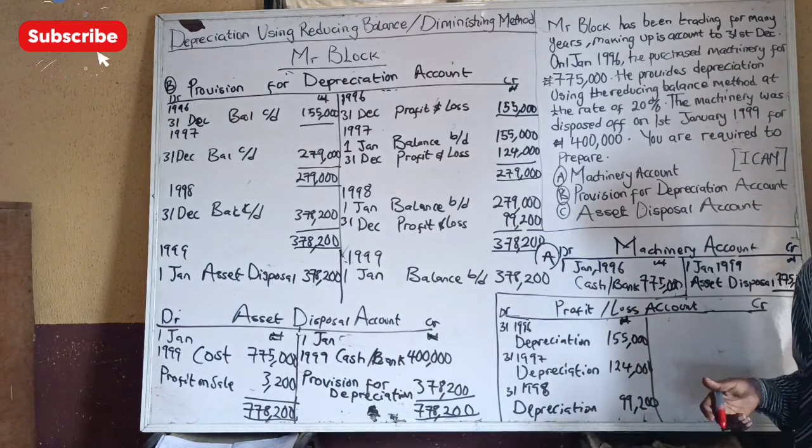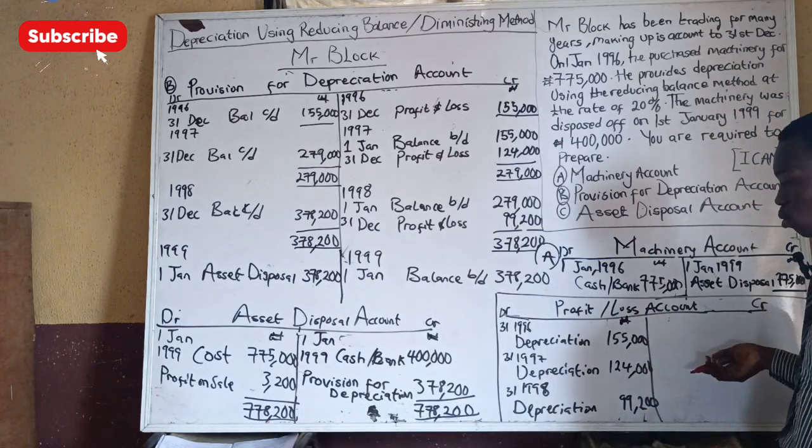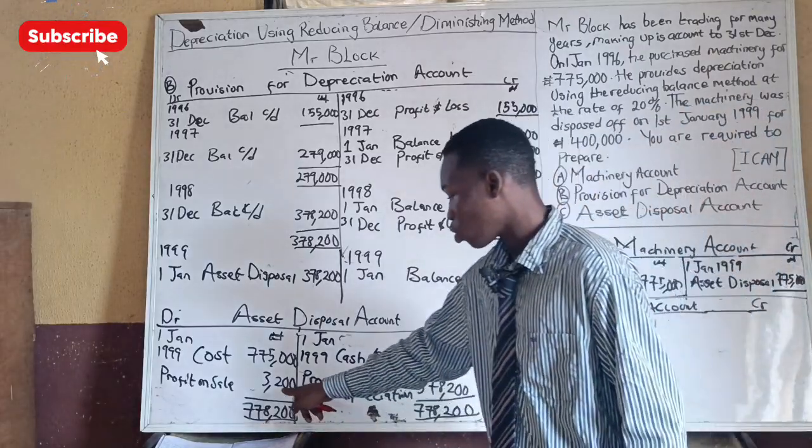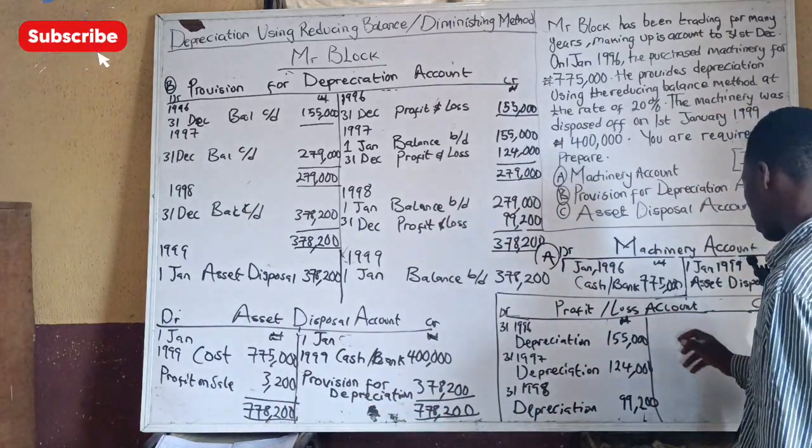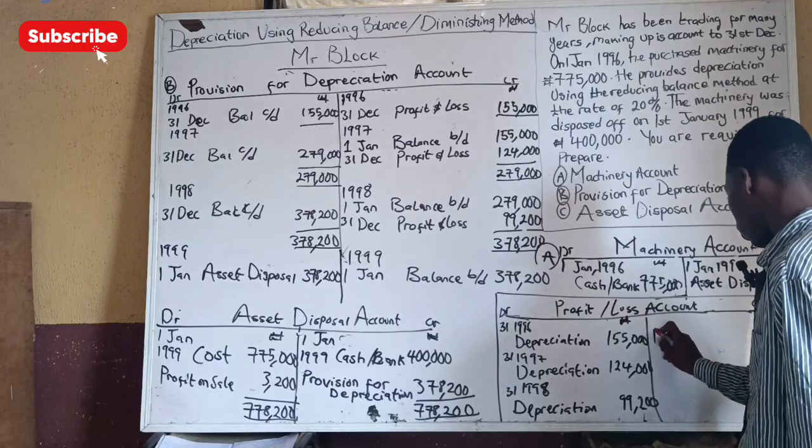So at the credit side of your profit and loss account is your income, and one of our income is what? Profit on sales. So we'll move to this side. We have what?